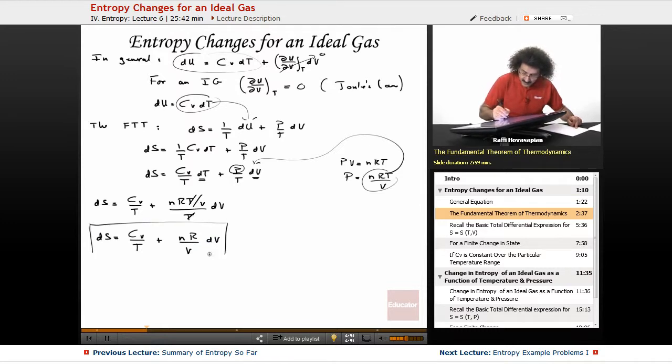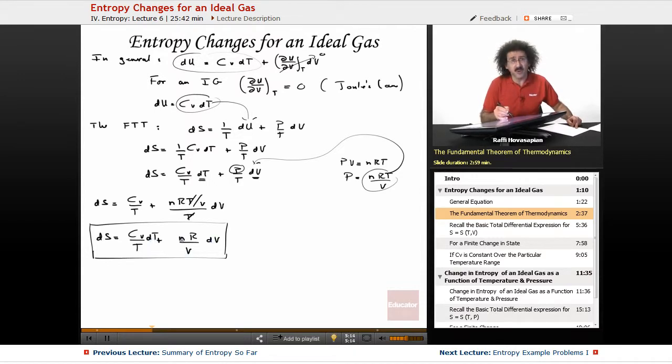When we consider entropy as a function of temperature and volume for an ideal gas, this is the form the general equation takes. It's CV over T dT, that part is the same, plus nR over V dV.